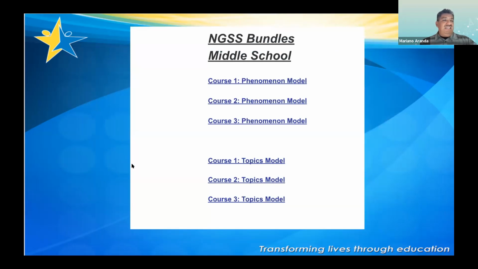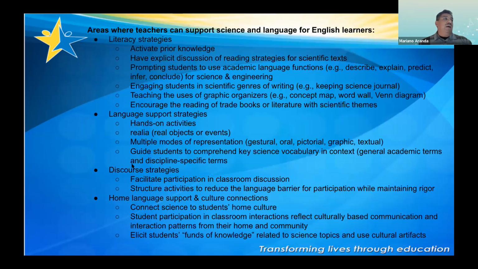And then this is just another way of bundling the standards in terms of NGSS. This is completely different, it goes by phenomena and topics. So there are like 4 different ways that you could have the middle school process be taken care of.